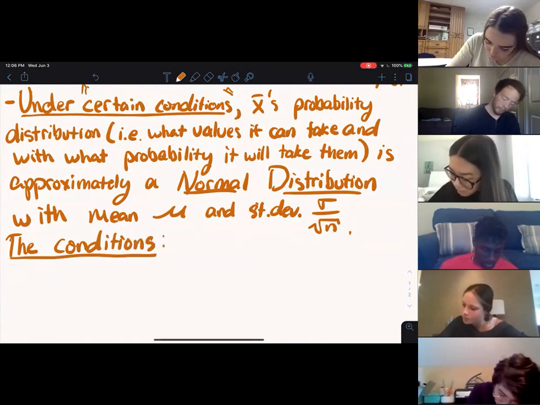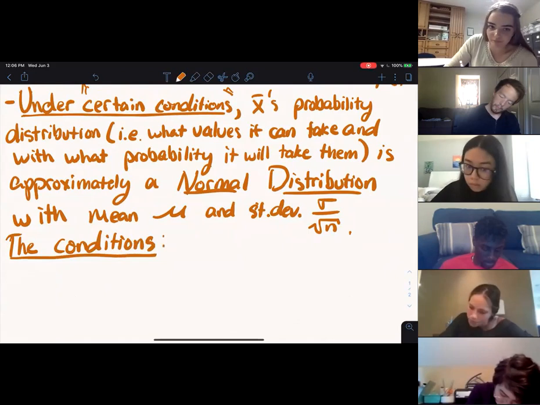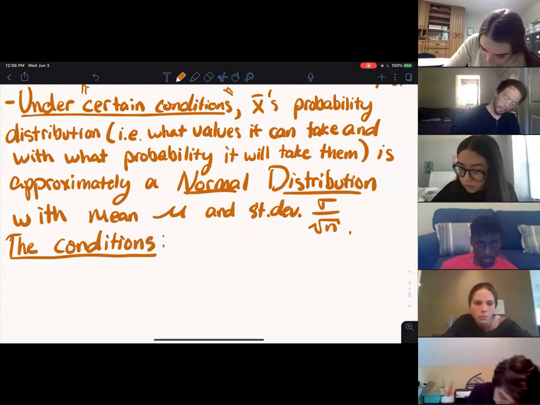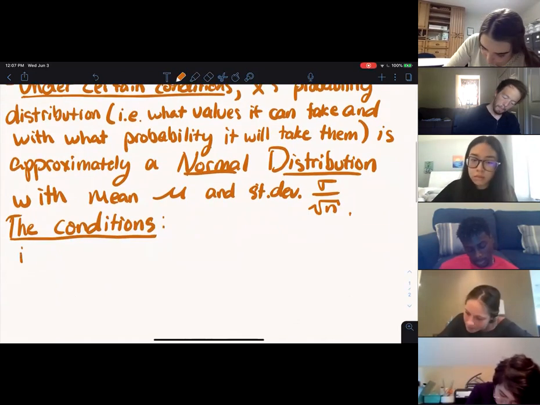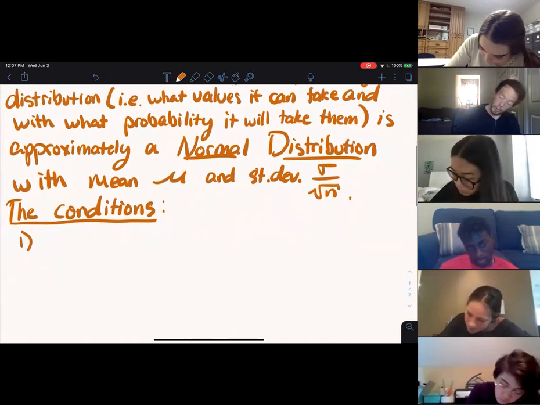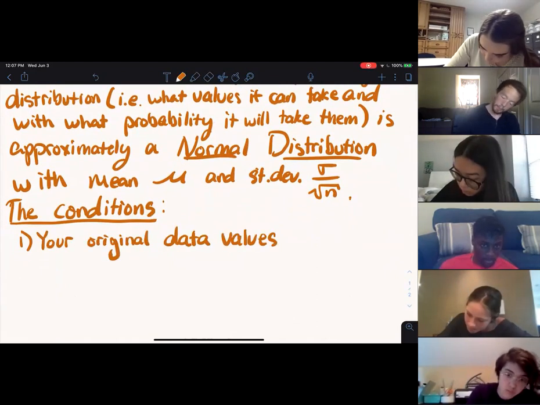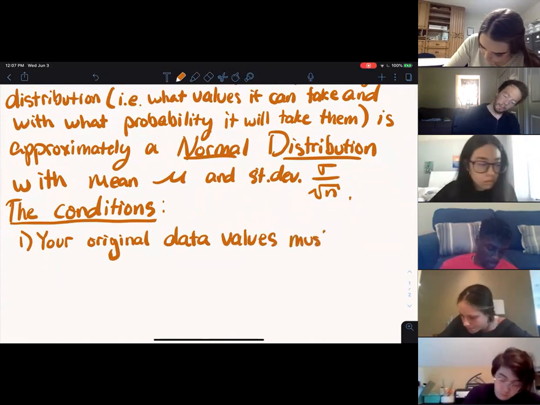One, your original data values that you got in your sample, the data values you use to calculate your sample mean, must be independent.